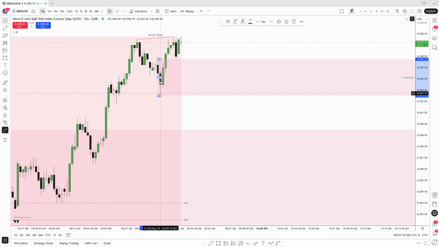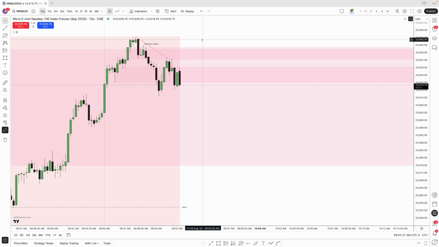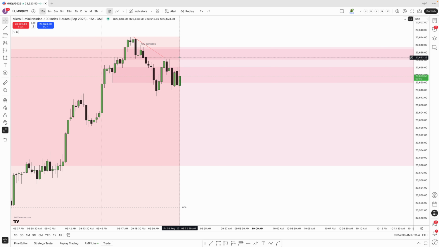Okay, that's a nice breaker. It's also in line here. And let's look at here. So that looks good as well. We have an inversion fair value gap, but I wouldn't wait on that.